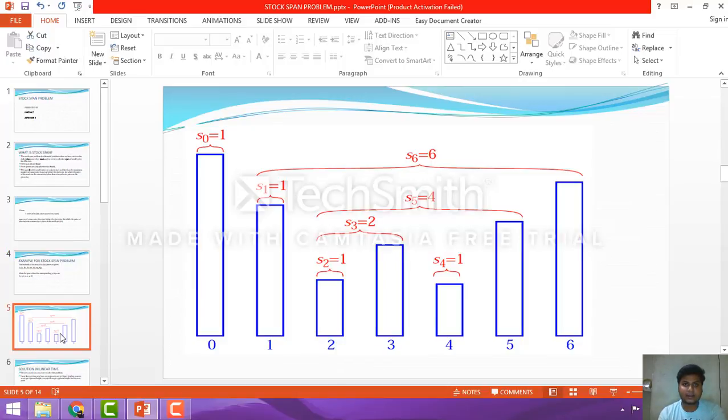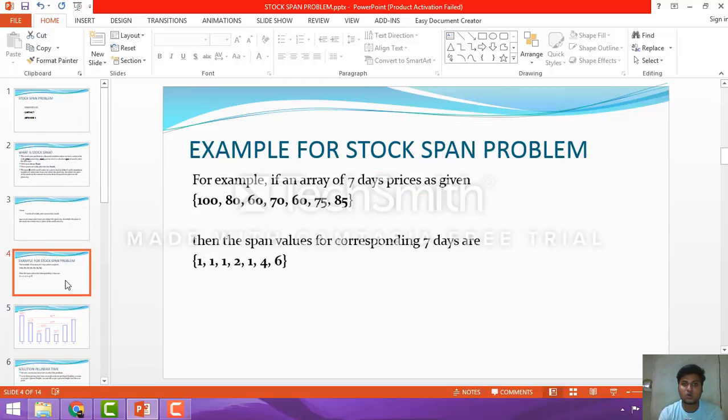So 100 is greater than the second. If the value of day 1 is greater, we accept it as true and leave it, and we compare the array indices 0 and 1. So we subtract 1 minus 0, and S1 becomes 1. Again we compare day 2 to day 3.